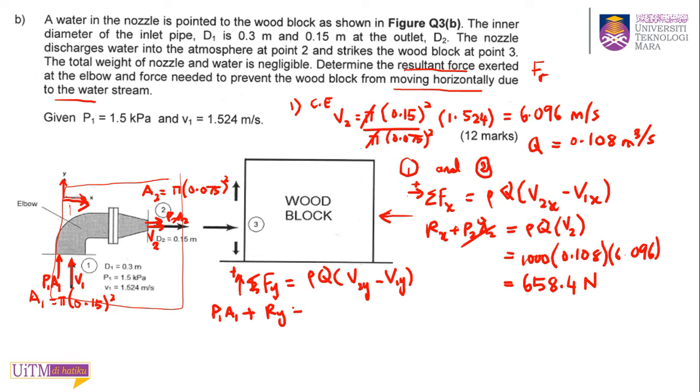This will equal rho Q times V2y, which is 0 since there is no V2y, and V1y, this one is V1, minus V1. So your Ry will equal rho times Q times minus V1, minus P1A1.